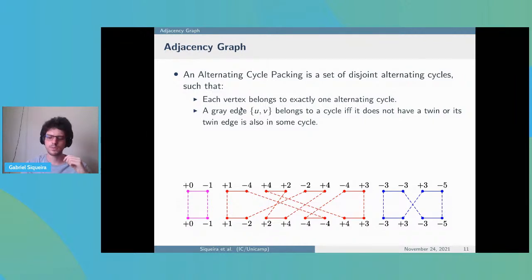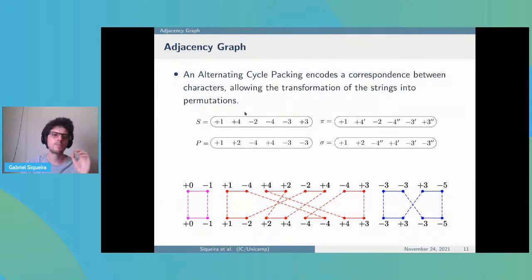With those two restrictions, we can use a cycle packing to encode a mapping of our strings into permutations, because the twin edges allow us to create a relationship between the characters of the string above and the characters from the string below. So for instance, this plus 4 is connected with twin edges with this plus 4. So you can create a relationship between them and use a different symbol to associate them.